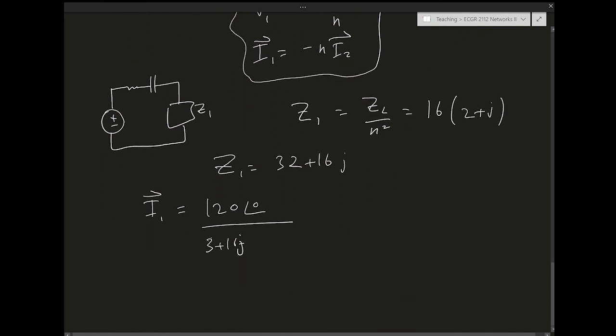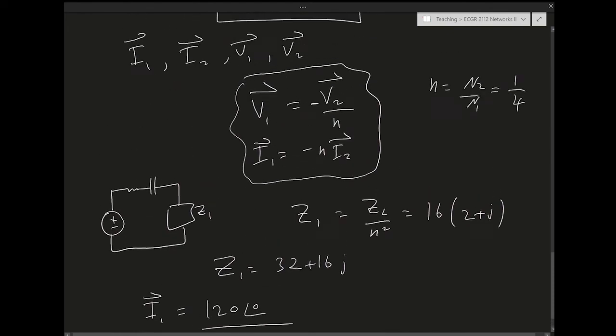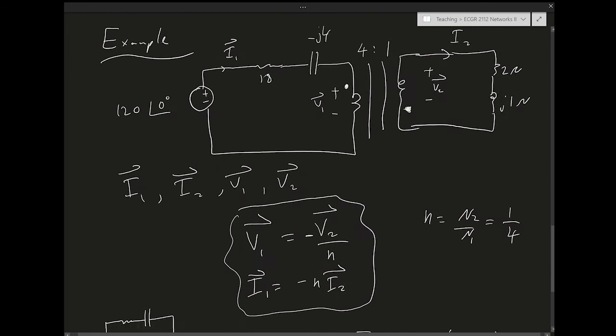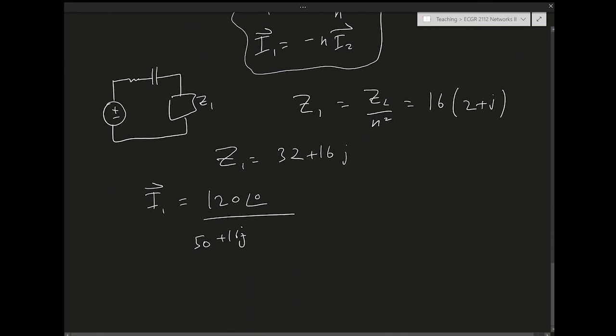So 32 plus 18 is 50, and then minus J4, 16 minus 4 is 12, plus J12. Do the math here, it turns out to be 2.33 at minus 13.5 degrees amps.